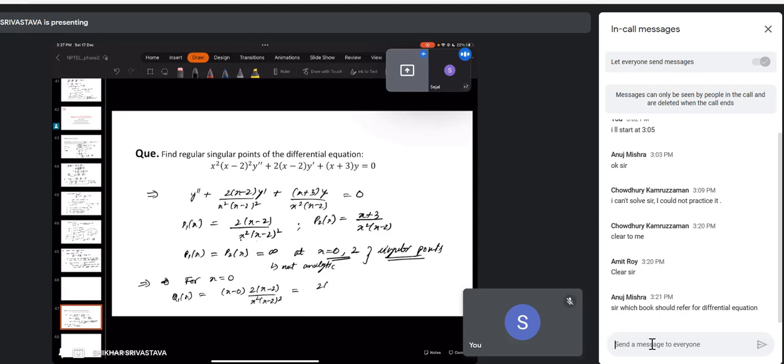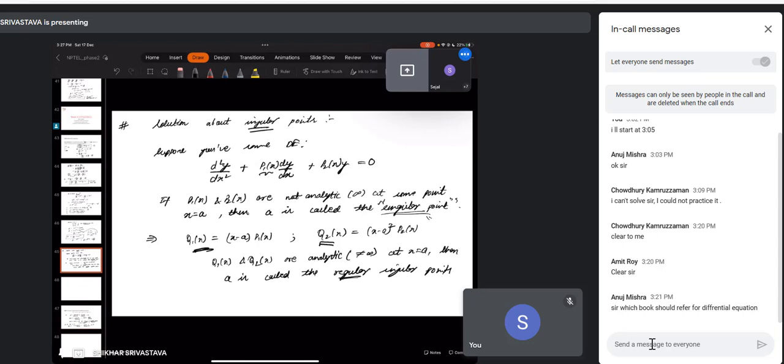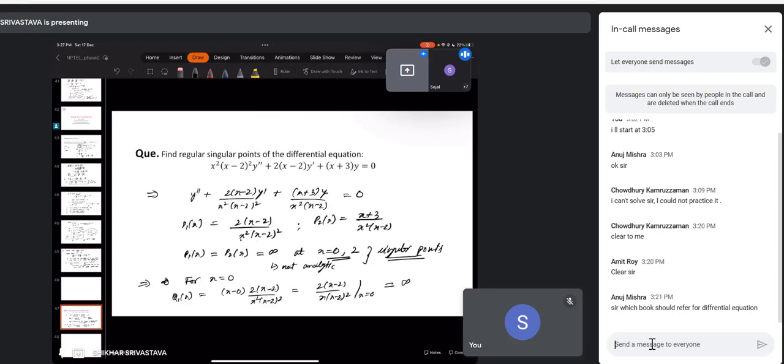So you'll get 2x minus 2 upon x minus 2 whole square. Now when you put x equal to 0, you are getting infinity. So q1x is still not analytic; the value of q1x is still infinity at x equal to 0. So x equal to 0 is a singular point, but it is an irregular singular point.